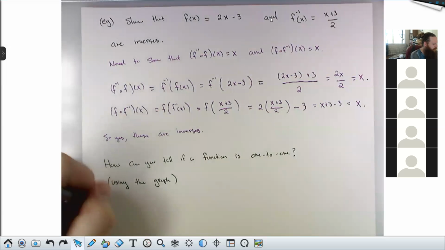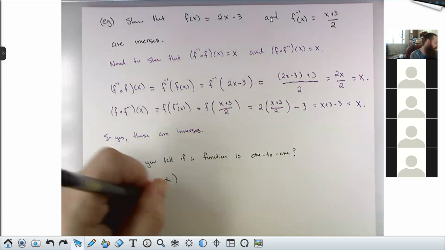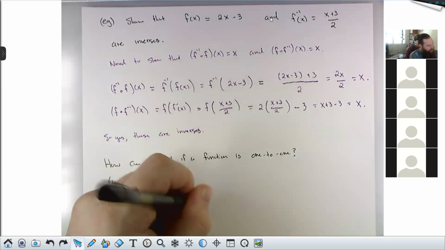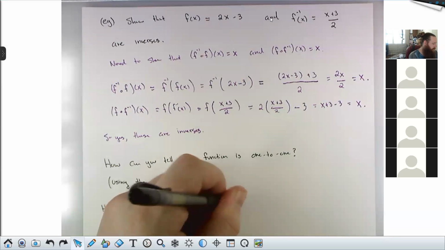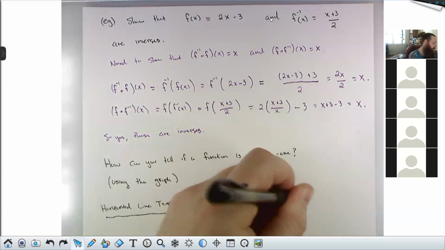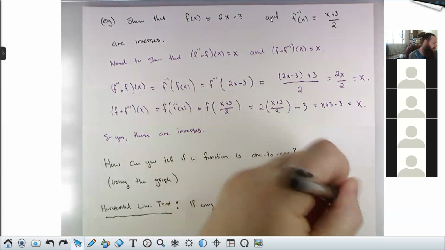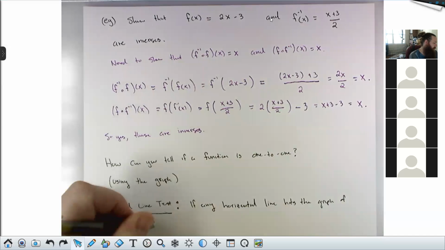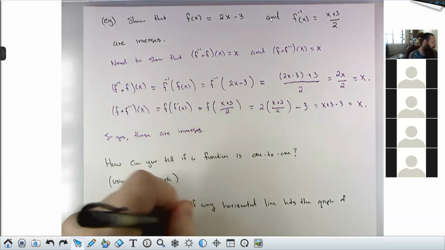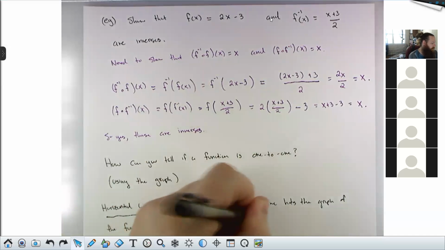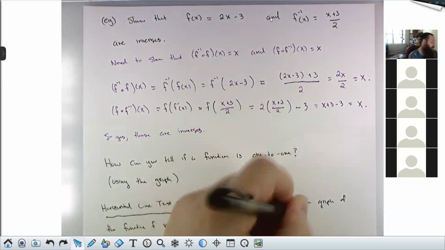This is called the horizontal line test. And what it says is, if any horizontal line hits the graph of the function f more than once, then f is not one-to-one.